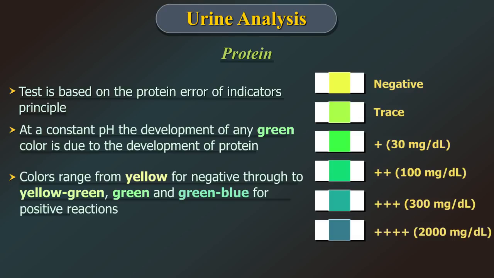Protein. At a constant pH, the development of any green color is due to presence of protein. Colors range from yellow through to yellow-green, green and green-blue for positive reaction.